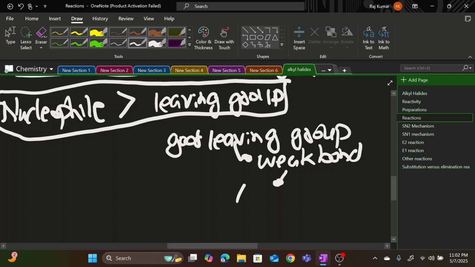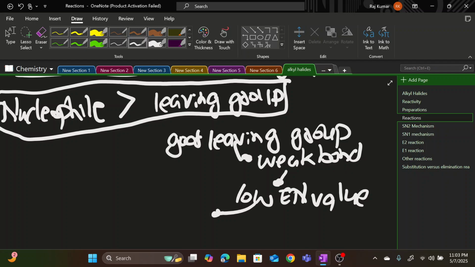Those are the ones with low electronegativity value. This means that atoms with low electronegativity form a weak bond with carbon, and they can be considered good leaving groups.